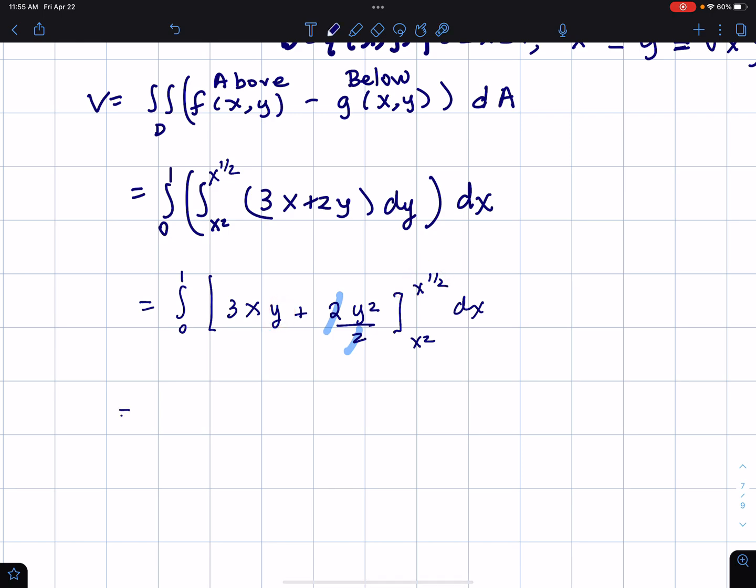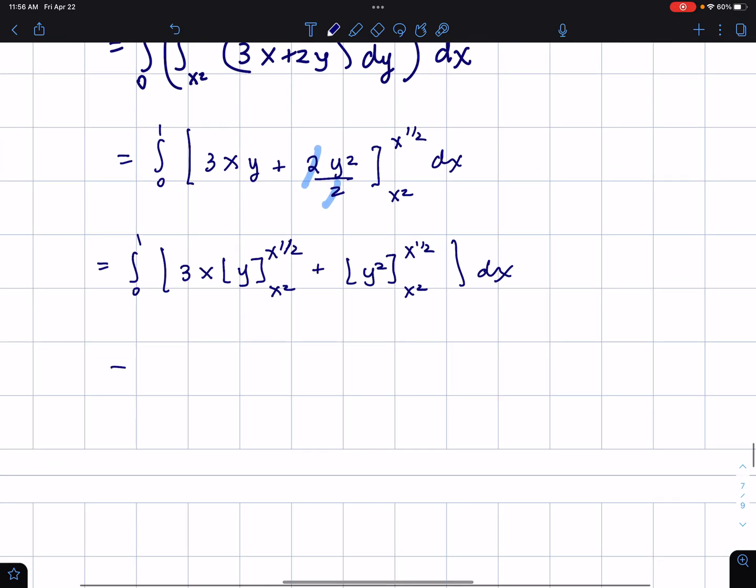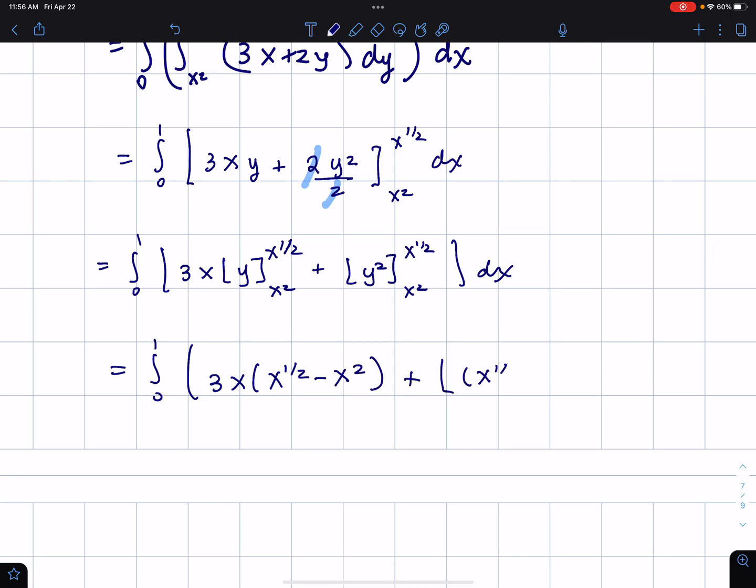The way I usually do this, though, is I go 3x and then I do y from x squared to x to the 1/2. And then I'll have y squared from x squared to x to the 1/2. That's just how I do it. So that's going to give 3x times (x to the 1/2 minus x squared) plus (x to the 1/2) squared minus (x squared) squared dx.